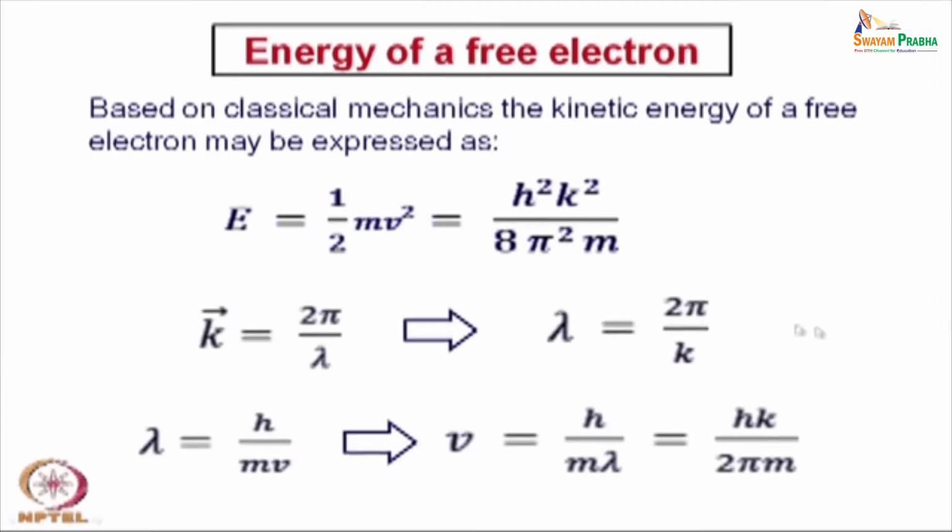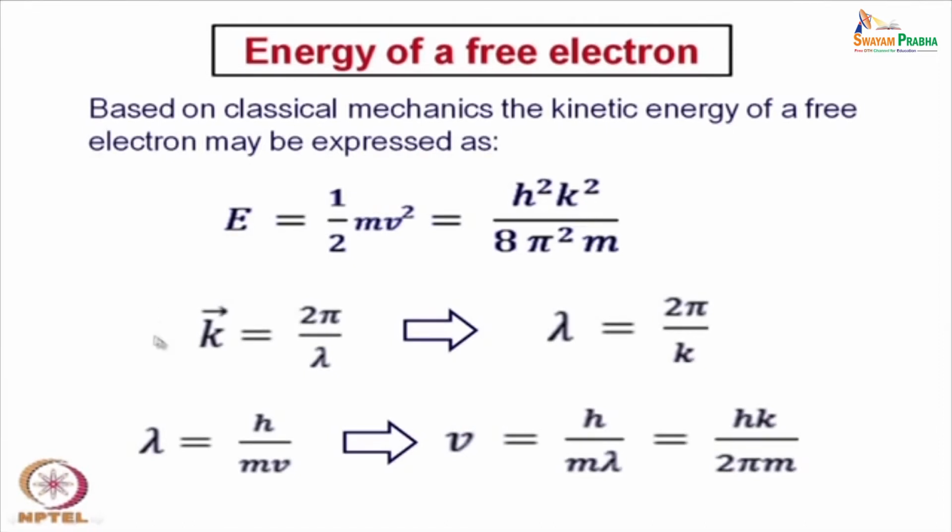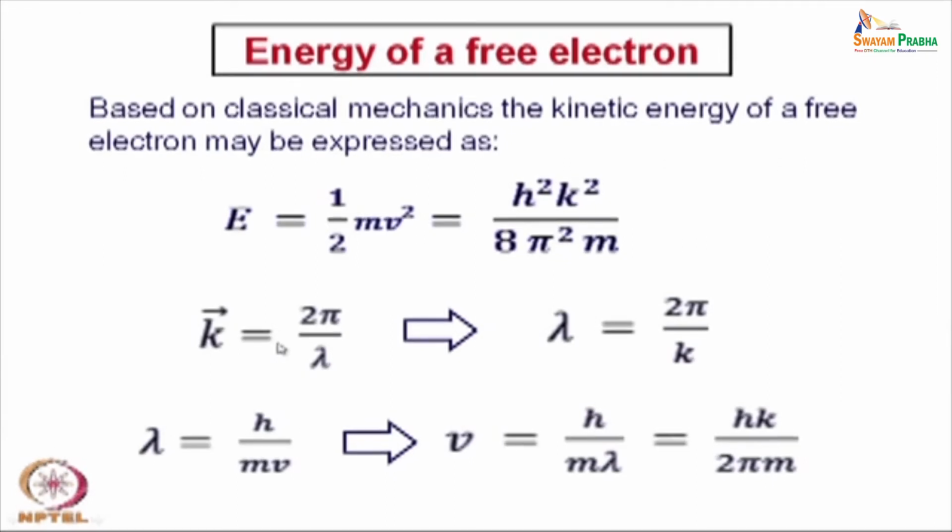Now, k is another term which has been introduced here in addition to h. h is the Planck's constant, of course. k is a vector, and the magnitude of that vector is 2 pi by lambda. Once again, lambda is the de Broglie wavelength.